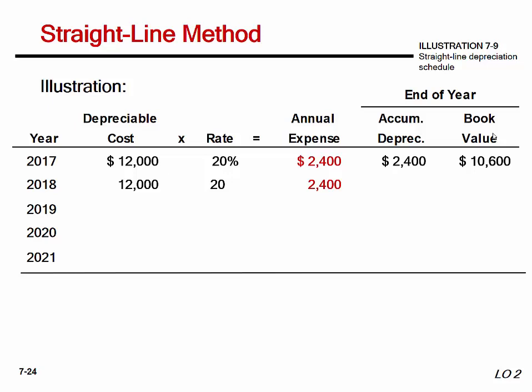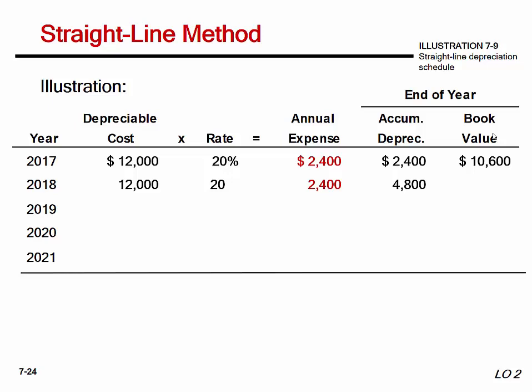Therefore, what would the balance be in the accumulated depreciation account after that journal entry? It would be 4,800.